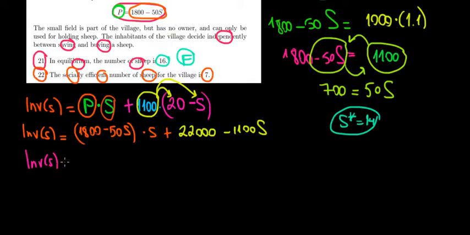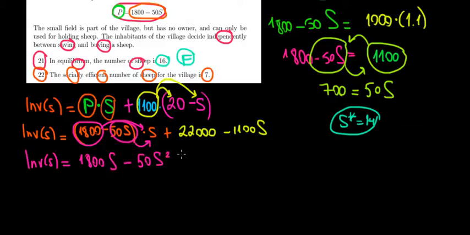Investment for the society is equal to 1800 times s, that would be 1800s, minus 50s times s, so that's 50s to the power of 2, and then plus 22,000 minus 1100s.